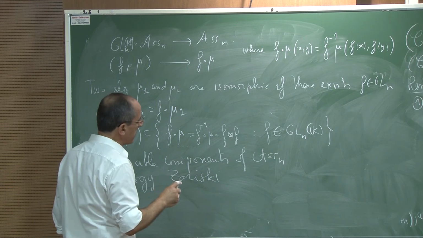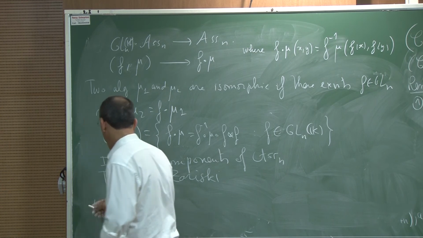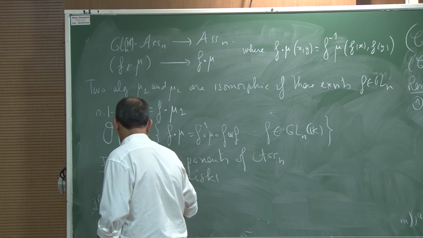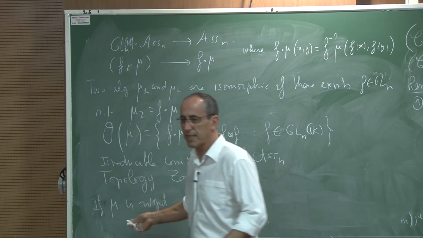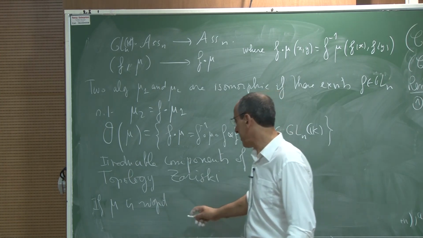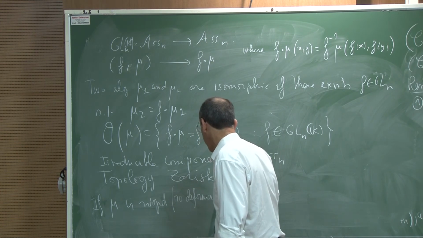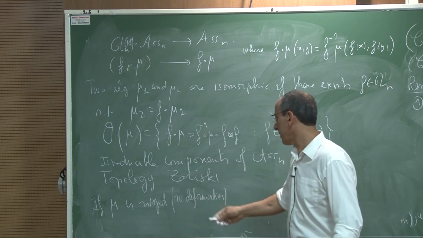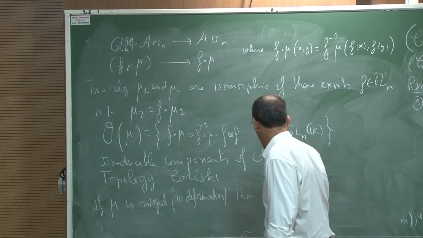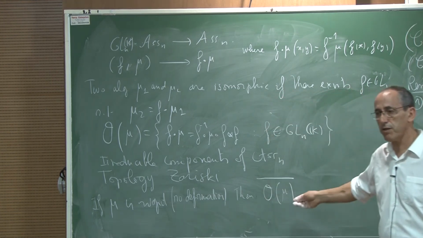But now let's consider mu. If mu is rigid, I didn't define it, I'm sorry. Rigid means no deformation, in the sense I will show in a minute. Then the closure of the orbit of mu is an irreducible component.